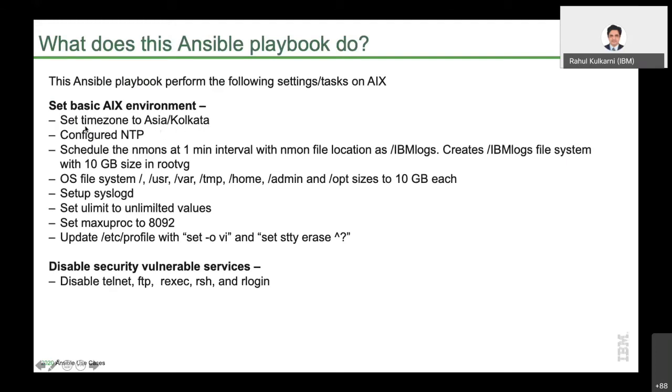Then it configures the NTP. NTP is a network time provider, which is used for syncing your system time to the network time. So you need to edit the variable section to update your NTP server address.